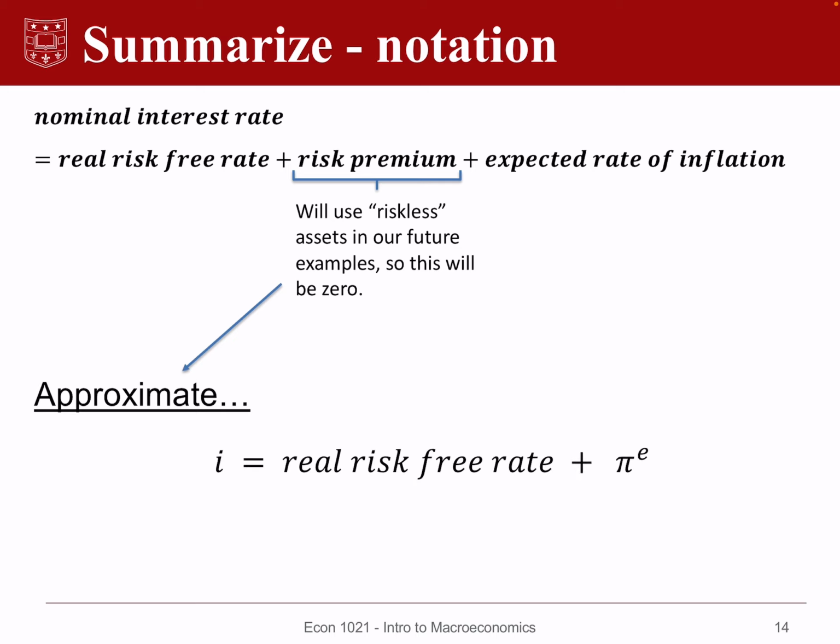So then if we take this equation up here, we could say, aha, in notation, the nominal interest rate is going to be determined as the sum of the real risk-free rate plus the expected rate of inflation. And we'll go through an example of why it is a sum in the next set of notes.